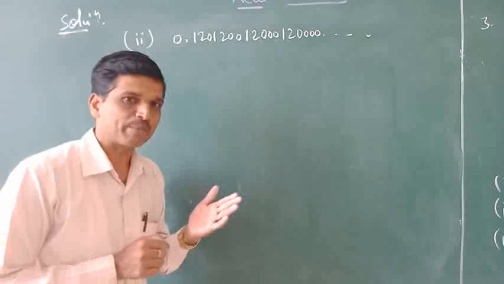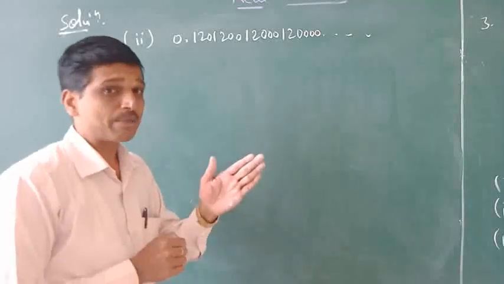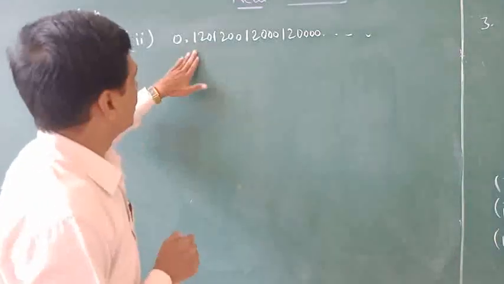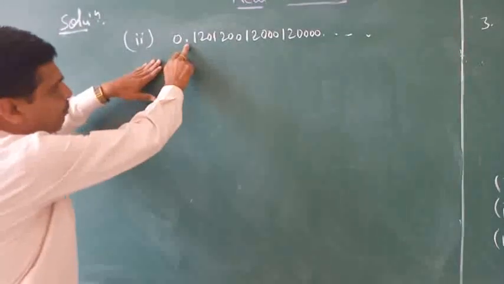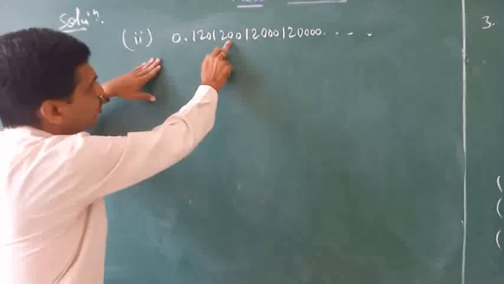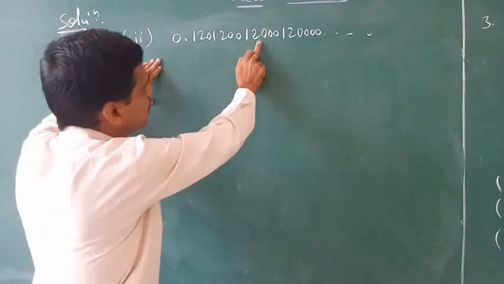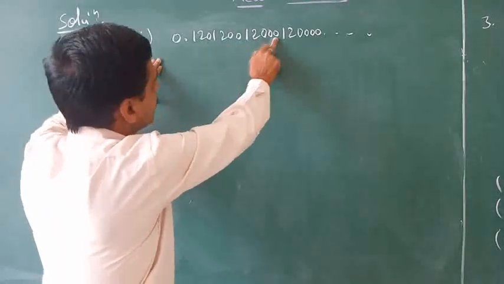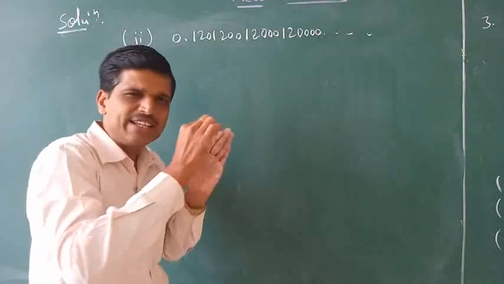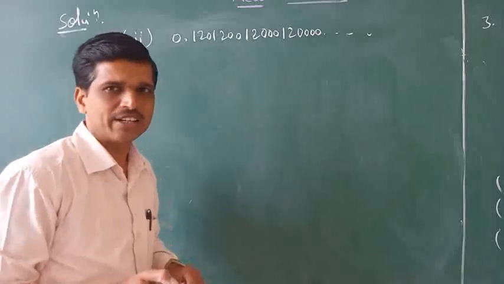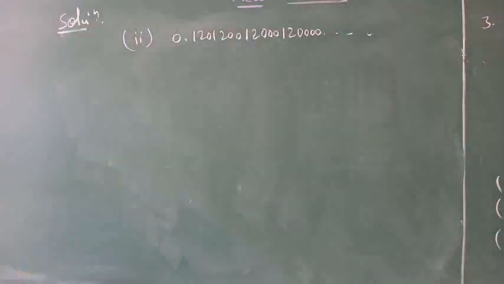Otherwise it is not terminating. Whatever is going on here, it is 1 2 after the decimal point. Observe here: 1 2 0, 1 2 0, double 0 came here, then single 0, double 0, triple 0, meaning the digits are not repeated.